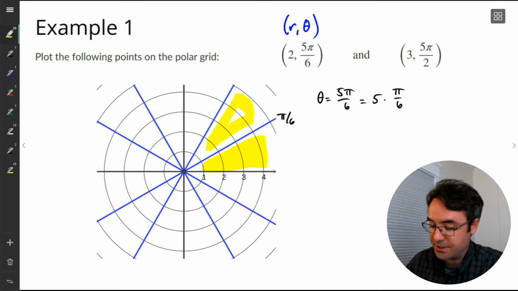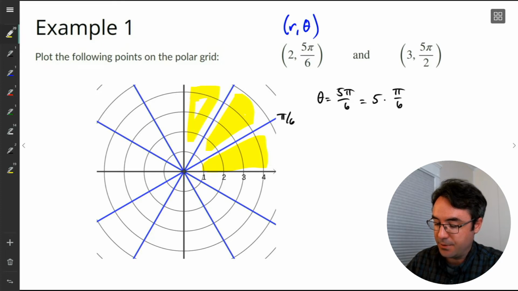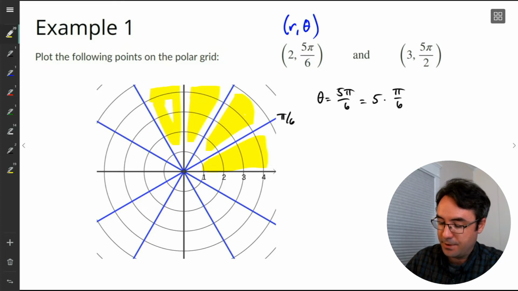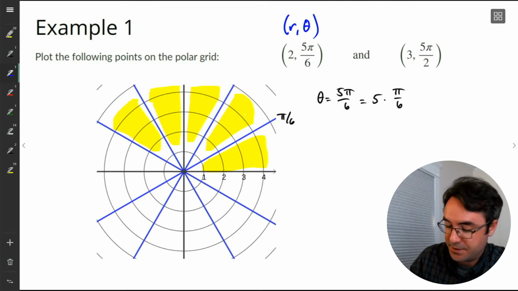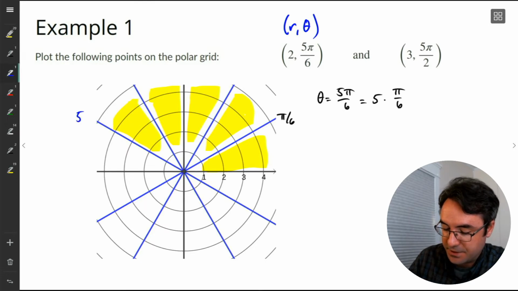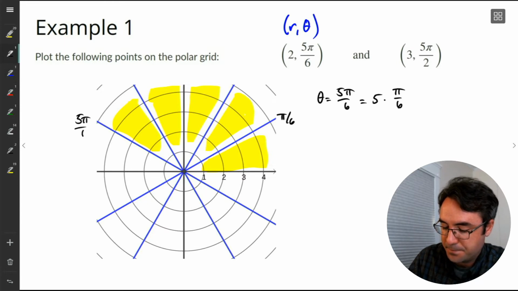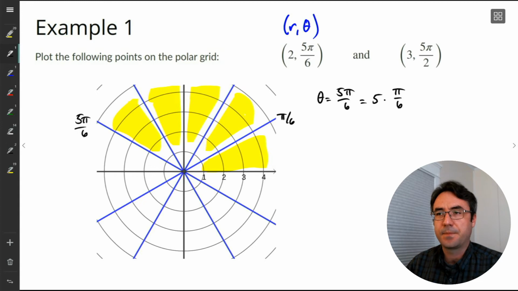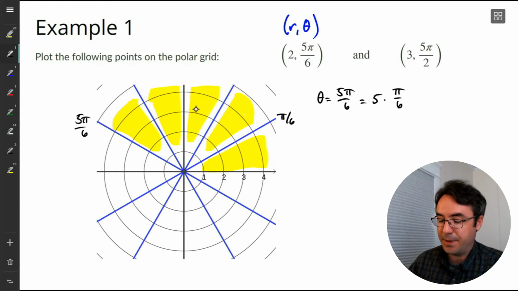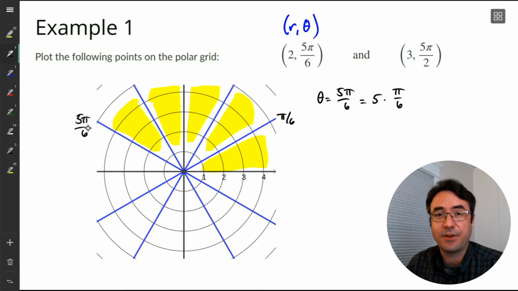So here's the second one, here's the third one, the fourth one, and then the 5th one. And that means this is 5 pi over 6. So we have 5 of these pi over 6 wedges. This is the ray starting at the origin going out this way, the ray corresponding to theta equals 5 pi over 6.